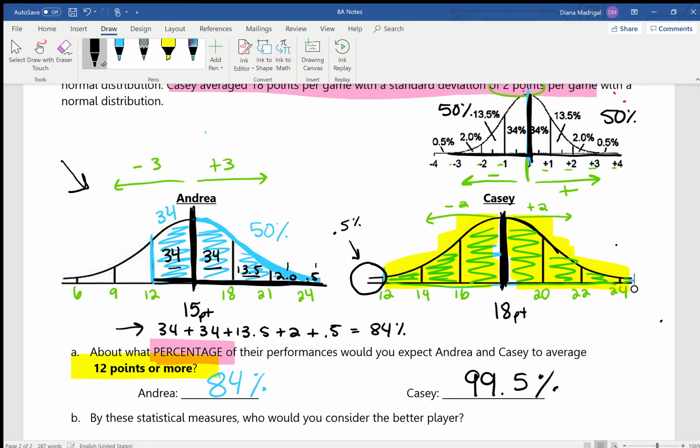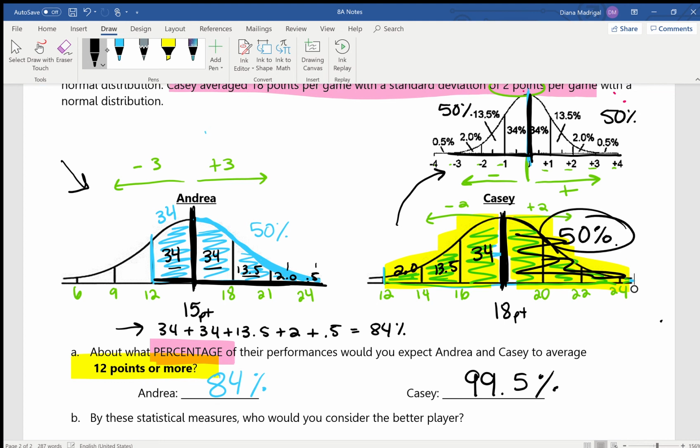However, if you didn't understand how I got that, let's go back. I highlighted everything that we're using. So I'm going to go back to my table over here, my graph with my percentage. I know this whole left side is 50 already. On the other side, I know this is 34, this is 13.5, and this is 2. If I add 50 with this side, that's going to give me my 99.5.